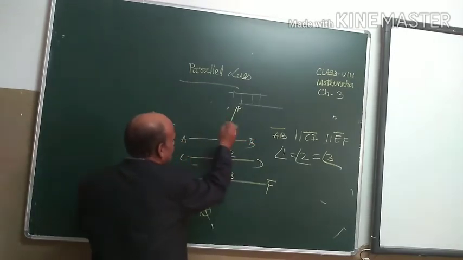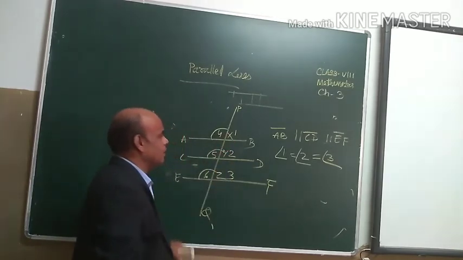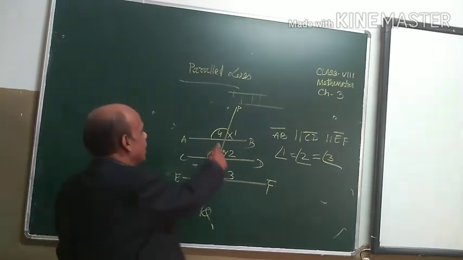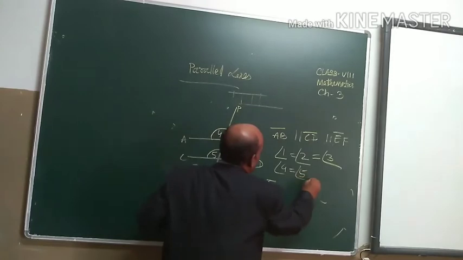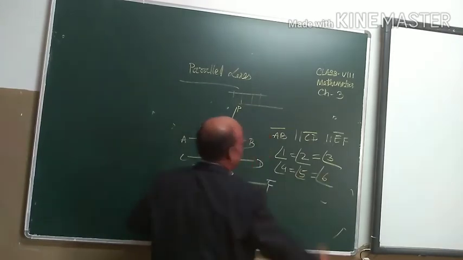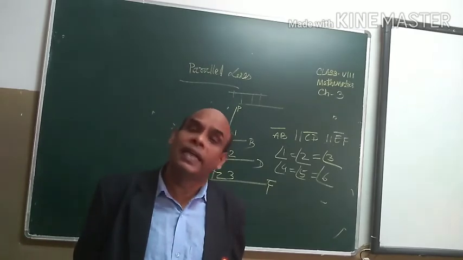Similarly, you can say suppose this is 4, this is 5, this is 6. So ultimately I will write angle 4 is equal to angle 5 is equal to angle 6. These are called corresponding angles.